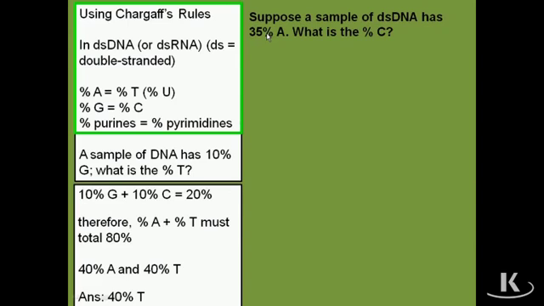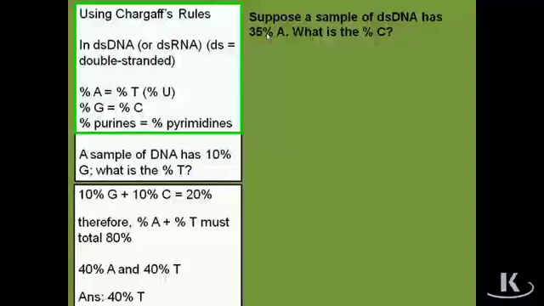If there's 35% A, well, then there must be 35% T. 35% plus 35% gives you what? 70%. What's left over? Well, 100 minus 70 is 30%. So 30% of the DNA bases are G's and C's. So how do you figure out the C's? You just divide it in half. Okay, so 30 divided by 2 would be 15%. And that's your answer, 15%.